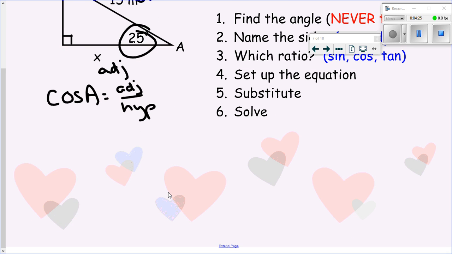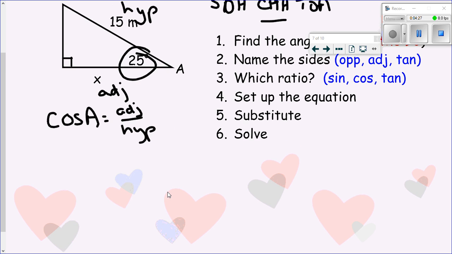Just like everywhere else in math, once you have your equation, substitute the values in. And then solve for x.